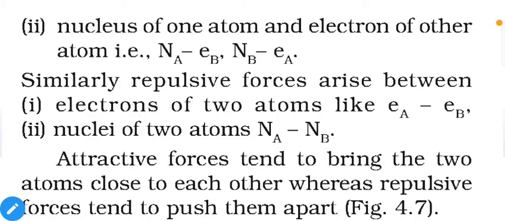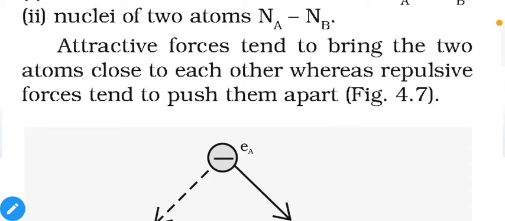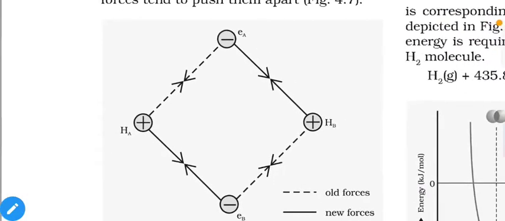The nucleus of the first atom will repel the nucleus of the second atom. So NA repels NB. So these are the attractive and repulsive forces produced when we place two different atoms close to each other. Now attractive forces tend to bring two atoms close to each other, whereas repulsive forces tend to push them apart. We can see this from this figure.